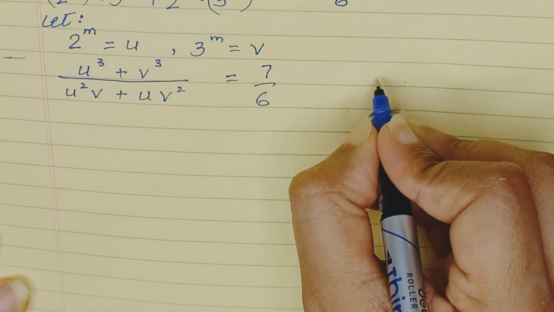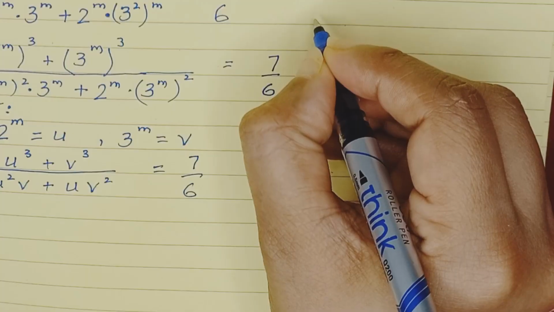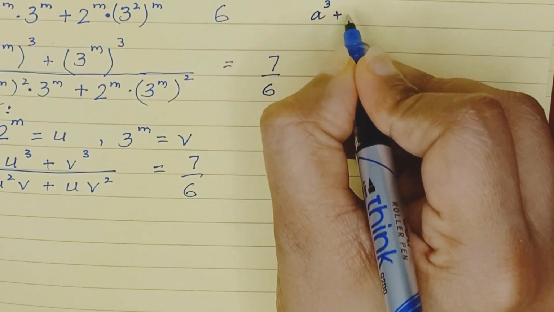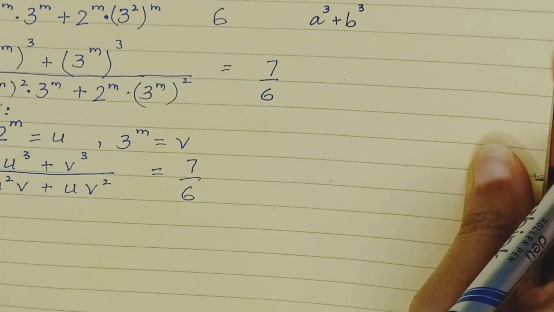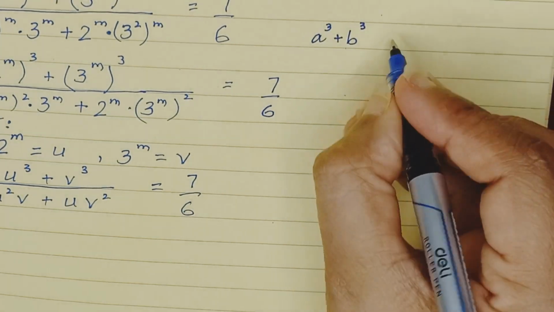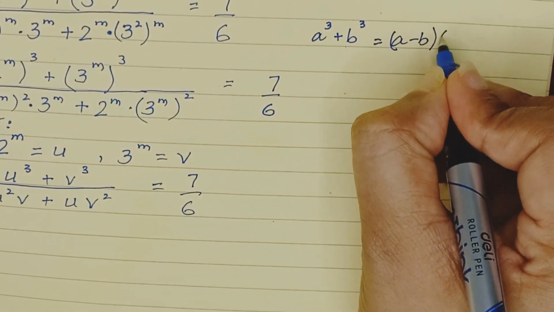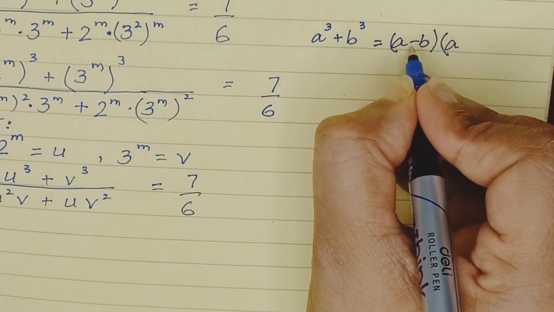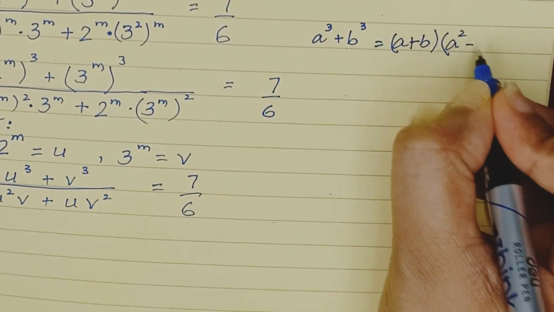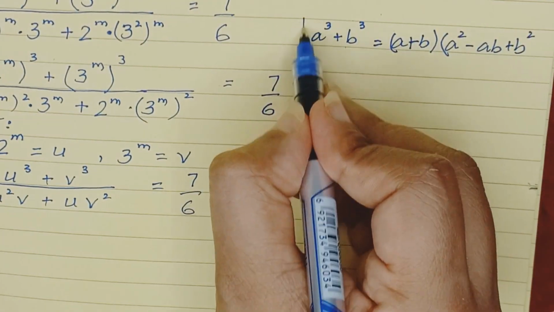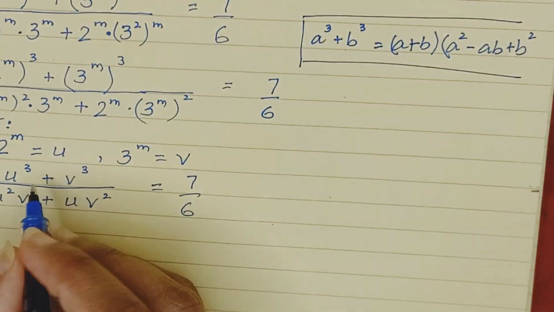As we know that a^3 + b^3 is equal to (a + b)(a^2 - ab + b^2). So we will apply this formula here.